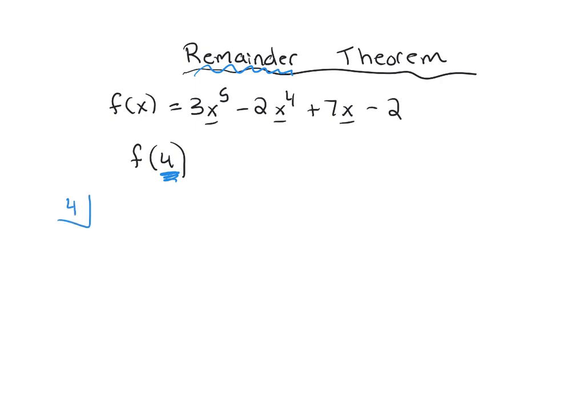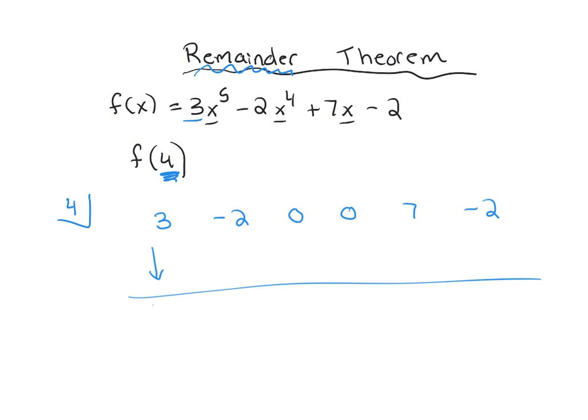So 4, to set up synthetic division, we've got our coefficients, 3, negative 2, I'm missing 2 terms, 0, 0, 7, and then negative 2. Okay, let's see what happens. Okay, 3, multiply.